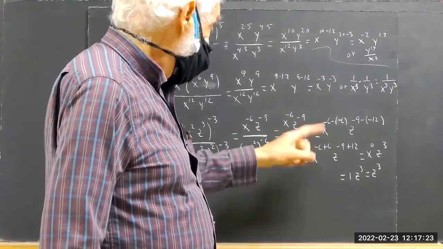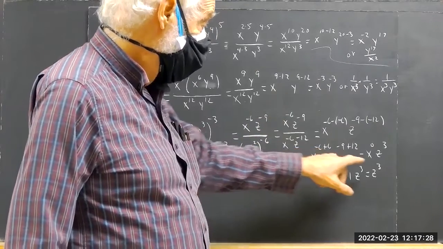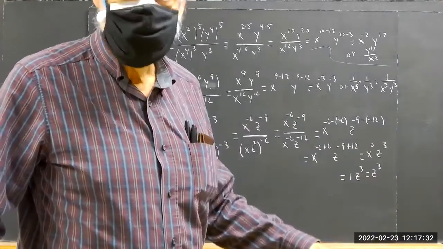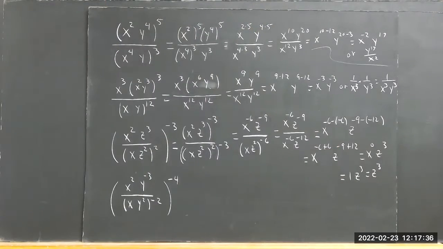But it's also, by the rules of exponents, x to the negative 6 divided by x to the negative 6 is x to the 0. Therefore, x to the 0 better be 1. Otherwise, our entire system of algebra comes crashing down around us, which would be more of a tragedy than you think.